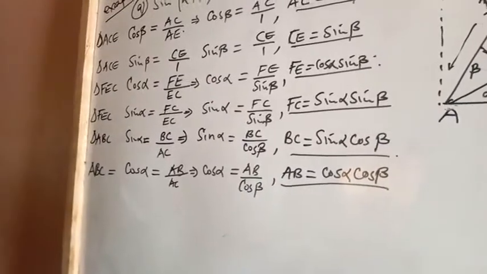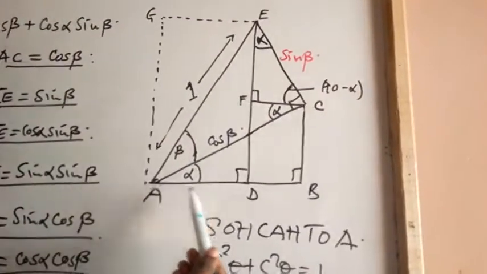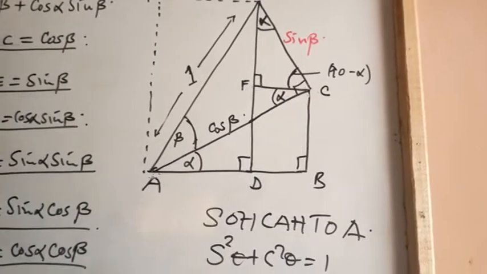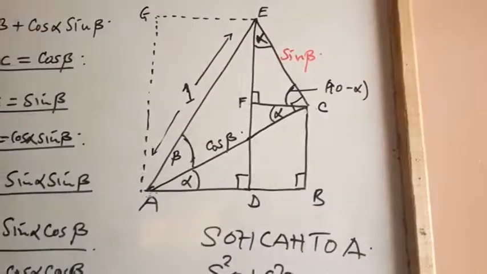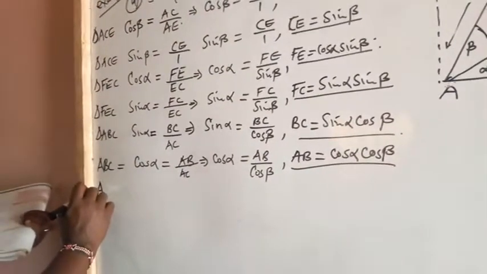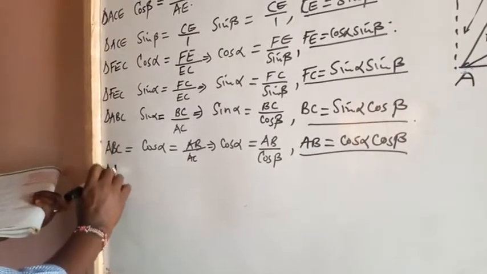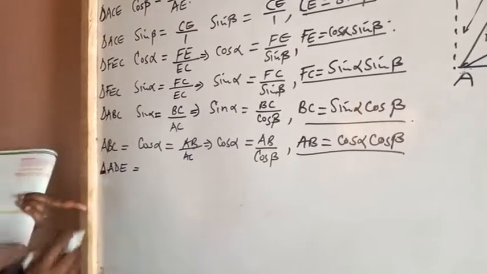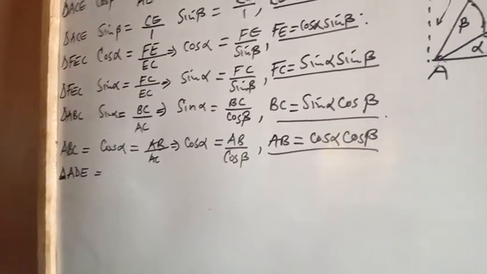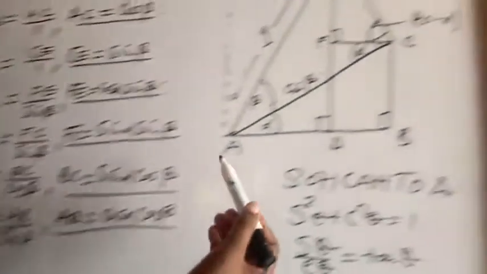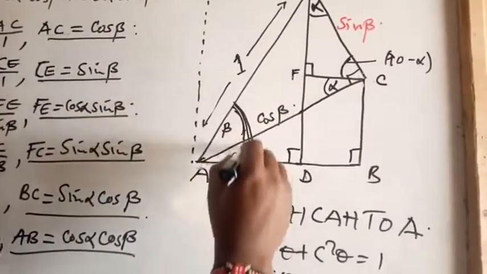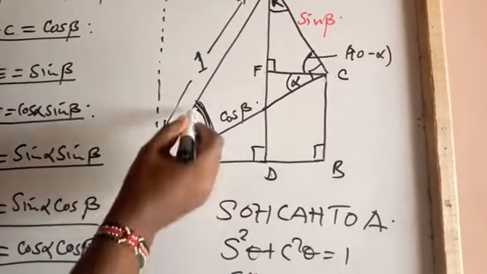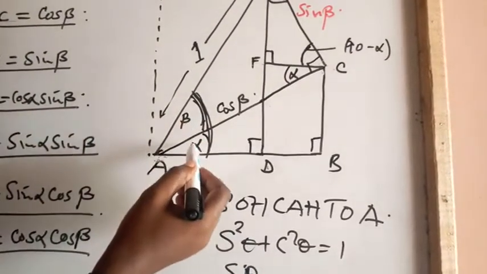Using triangle ADE, we need to combine the two angles, and the whole of this angle is alpha plus beta.